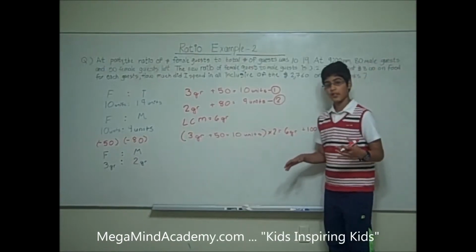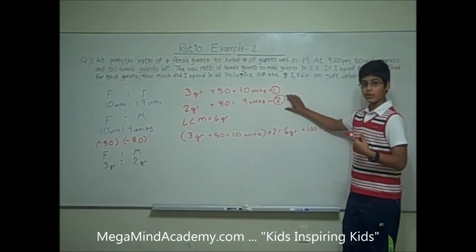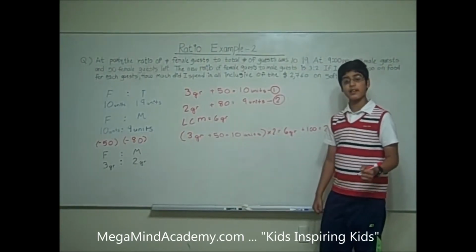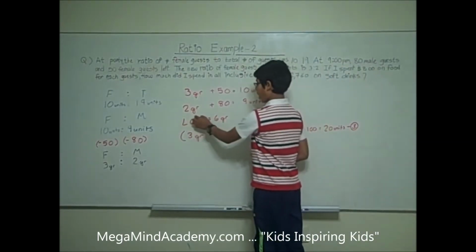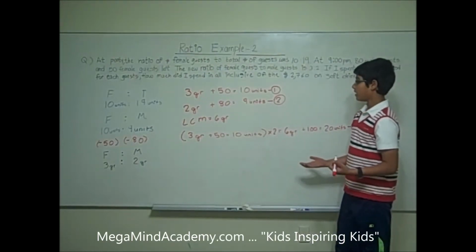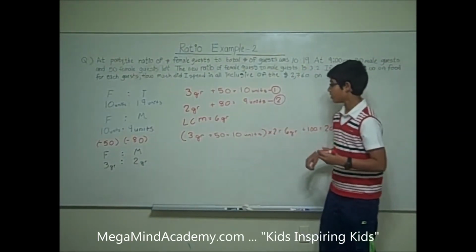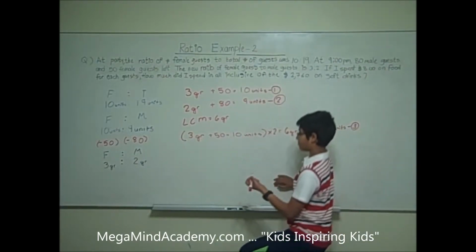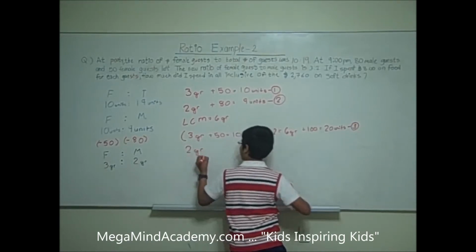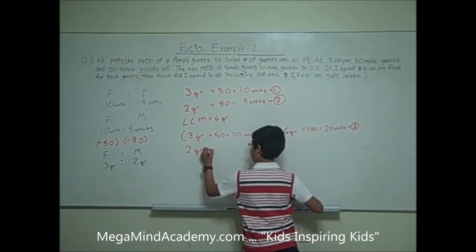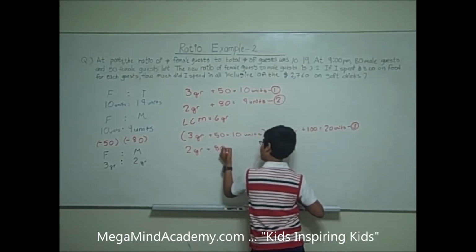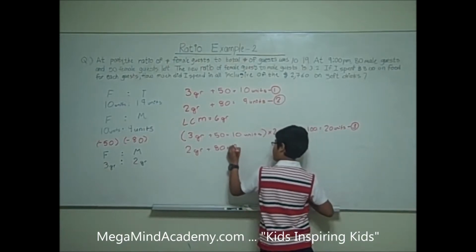Now let's do this with equation 2, except we will multiply by 3. So inside the parentheses, we'll go 2GR plus 80 is equal to 9 units, and outside the parentheses, there will be times 3.